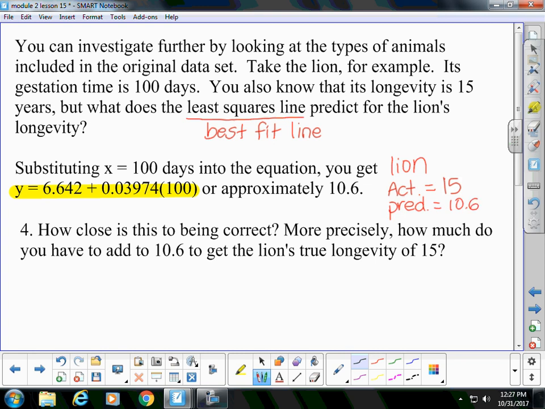Number 4 says, how close is this to being correct? More precisely, how much do you have to add to 10.6 to find the lion's true longevity of 15? Let's take 15 and subtract 10.6 from it and find out how far off that is. So 15 minus 10.6, and that's 4.4.